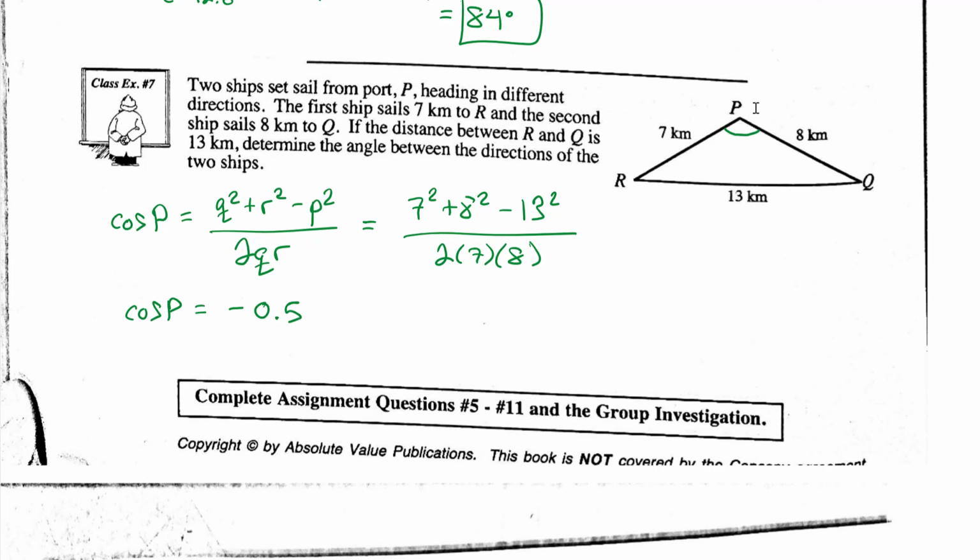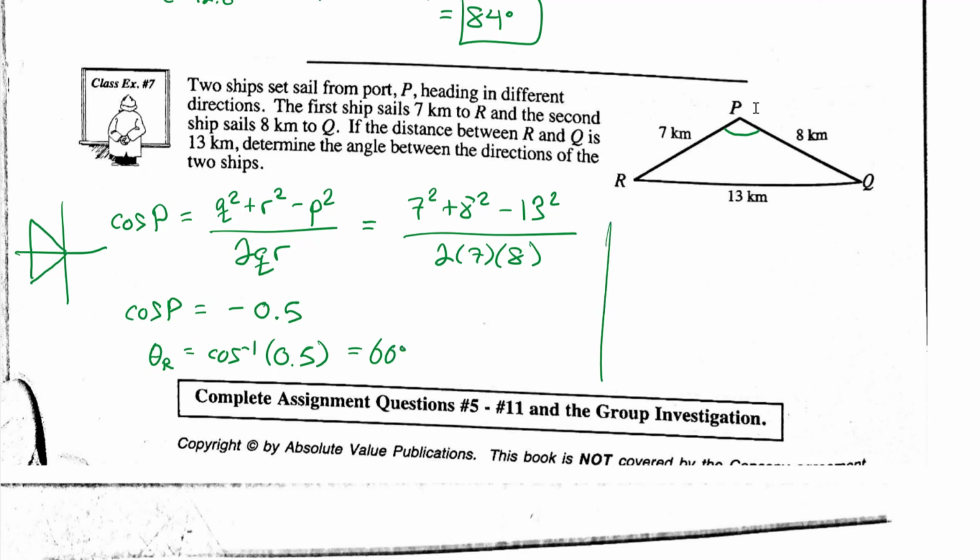Okay, so here's the thing though. If you remember from previous classes, cosine is negative in 2 quadrants. So it's going to be negative on the west coast, so that's in quadrants 2 and 3. So I need to get the reference angle first. So my theta r is going to be the inverse cosine of the positive ratio 0.5, and that's going to give you a reference angle of 60 degrees.